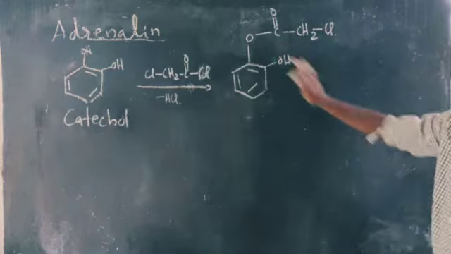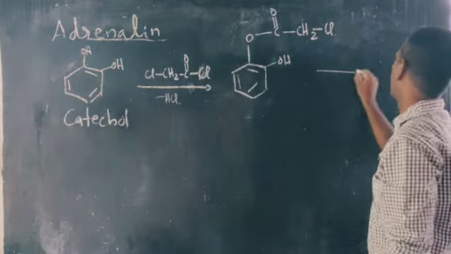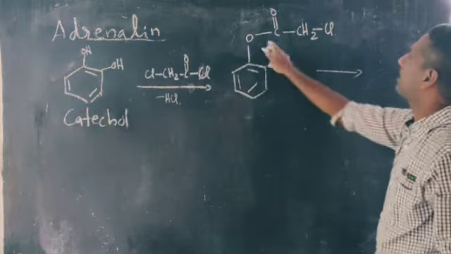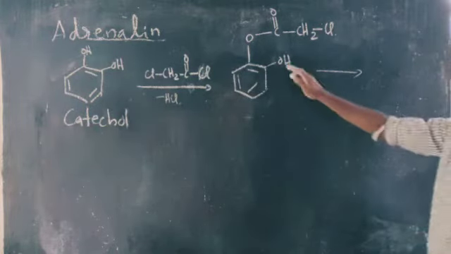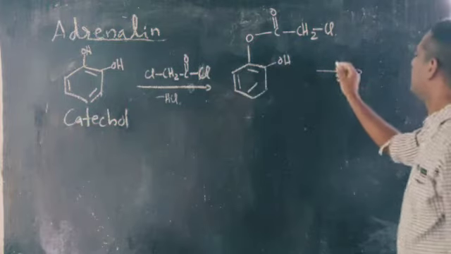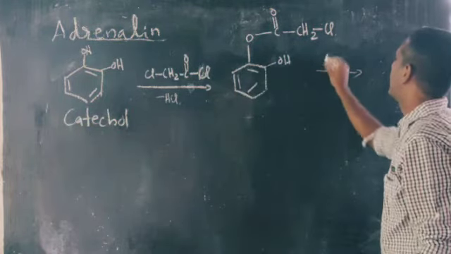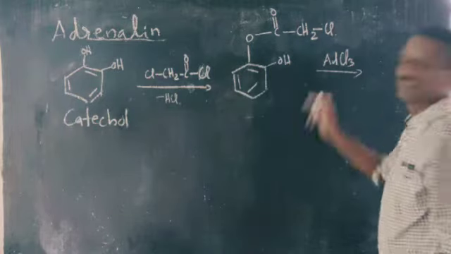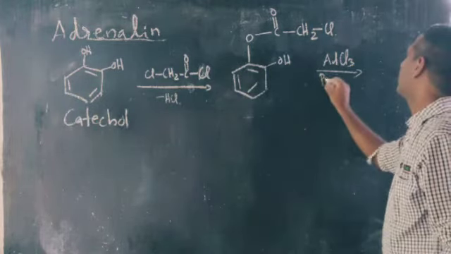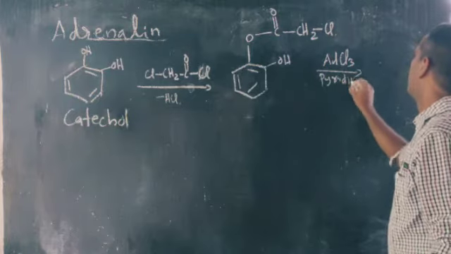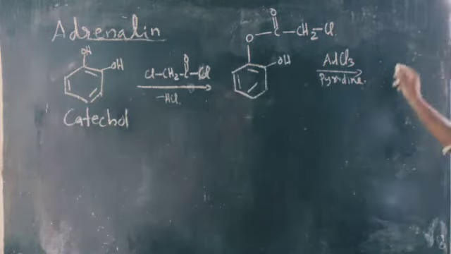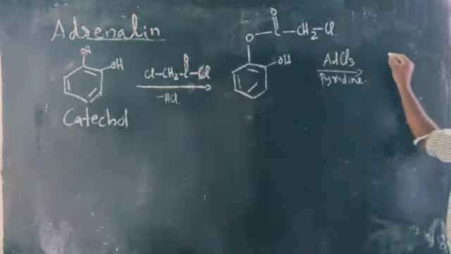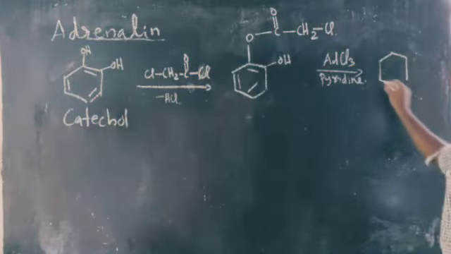Actually, this is our phenyl ester. In the next step, it is treated with anhydrous AlCl3 with heating, or you can use pyridine, in the presence of pyridine. What do we get? We get a structure like this.